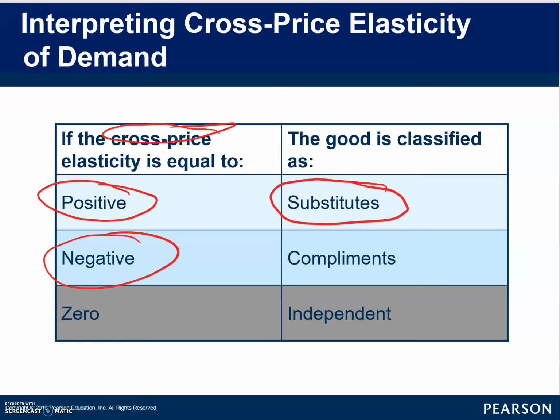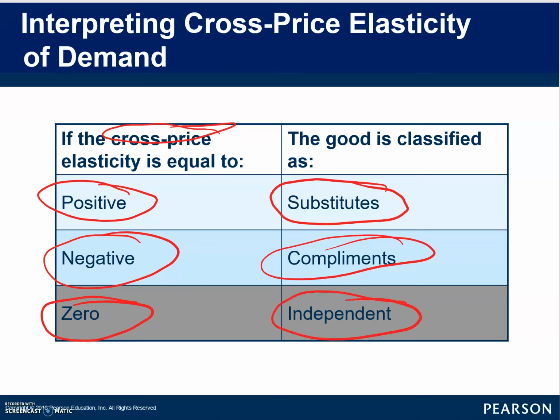If it's a negative number, they complement one another, like the hot dogs and the hot dog buns. If it calculates out to be 0, it means that they're independent of one another, meaning that the price change in one is going to have no effect on the change in the quantity demanded of the other.